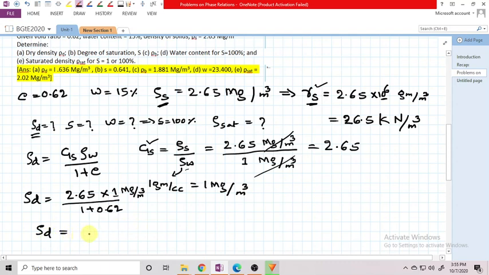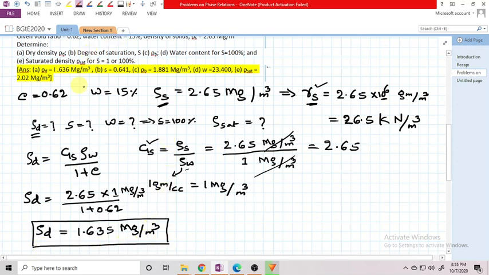Once you calculate this, it comes out around 1.635 megagram per meter cube. So that is the dry density of soil.